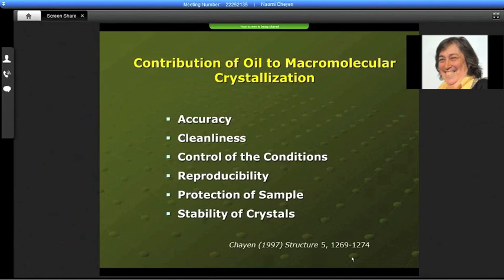You can just take the plate as it is with the oil. It's no problem. And nowadays we're getting more and more possibilities to X-ray even within the plates, and so you sometimes probably don't even need to harvest them. And the crystals are certainly more stable, that we've seen again time and time again.